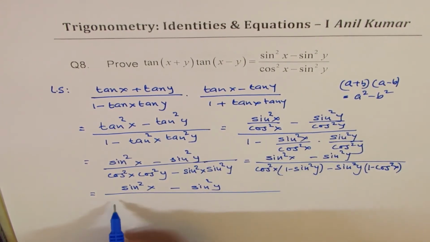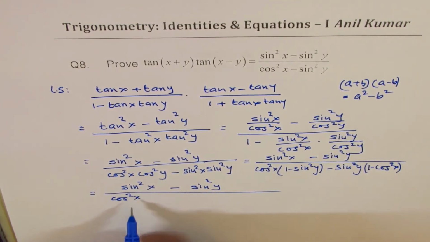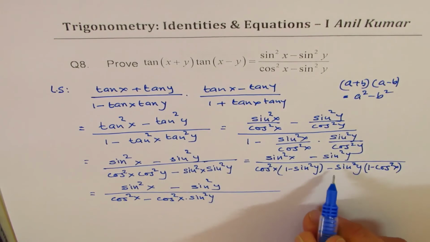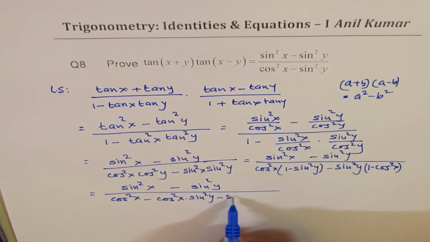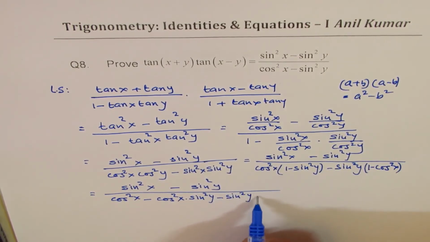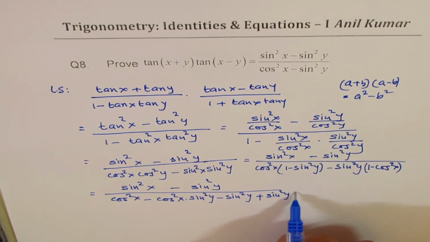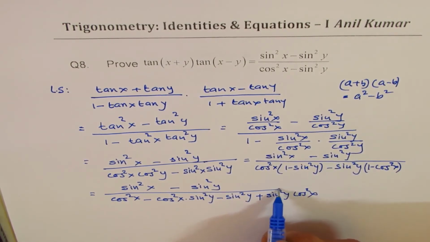Let's expand this. So we get cos²x - cos²x sin²y. Expand this, minus sin²y, and then minus minus becomes positive, sin²y cos²x. Correct?